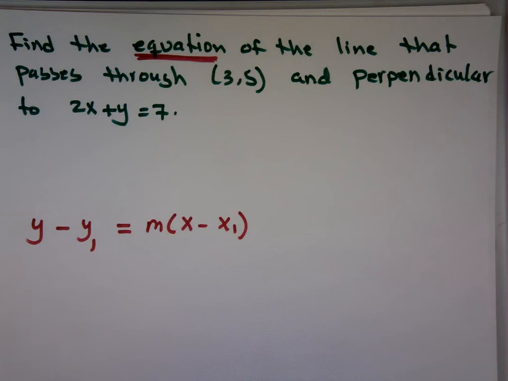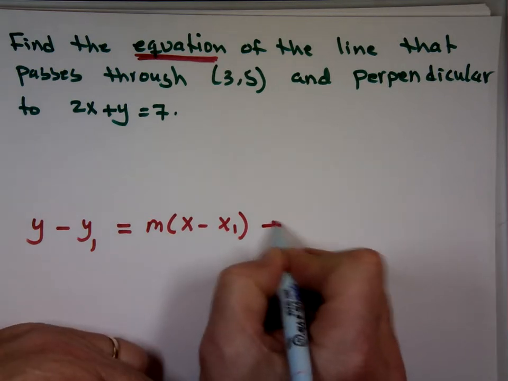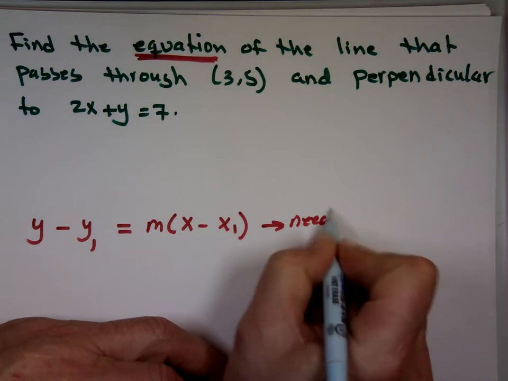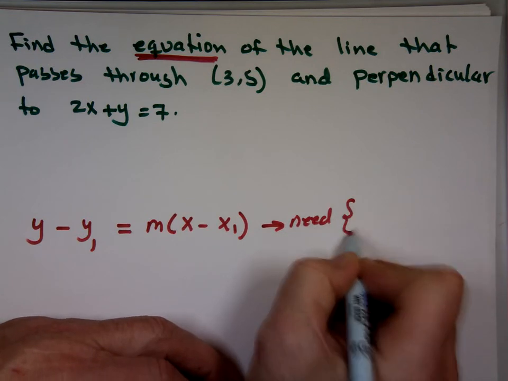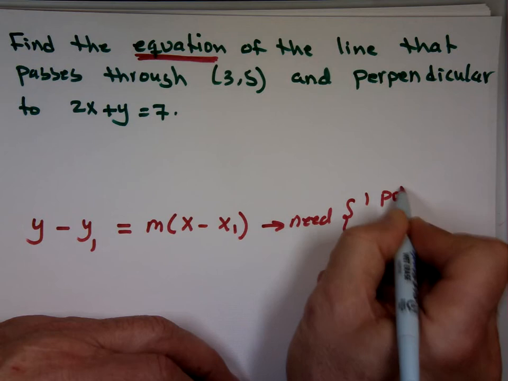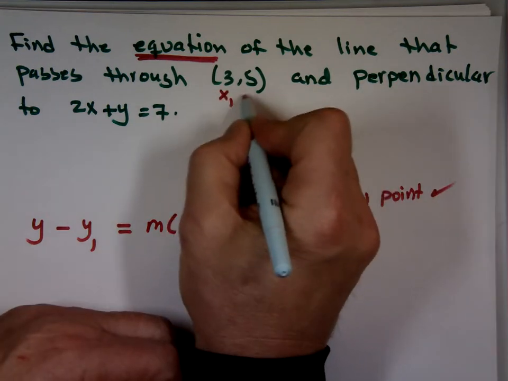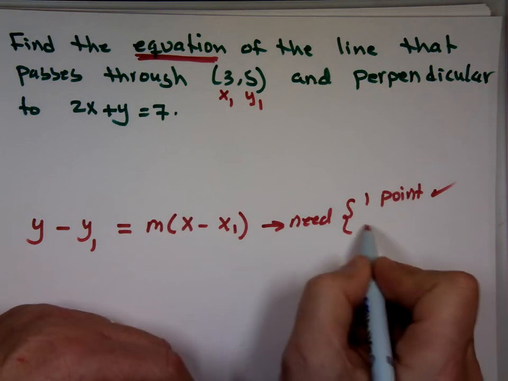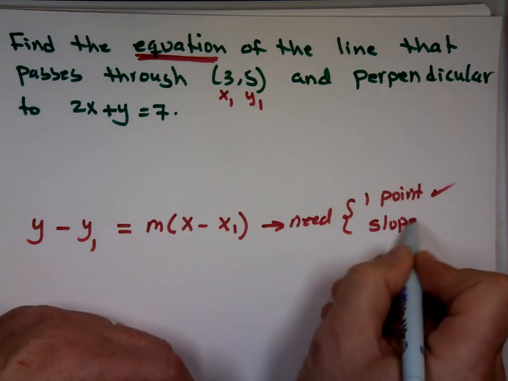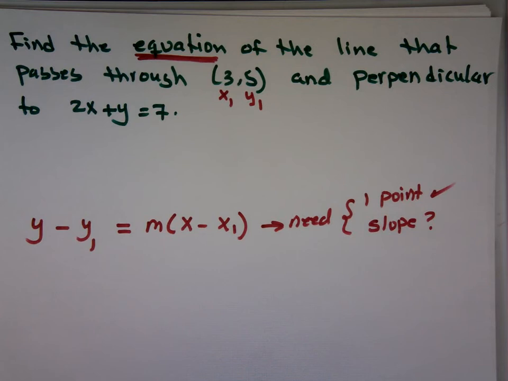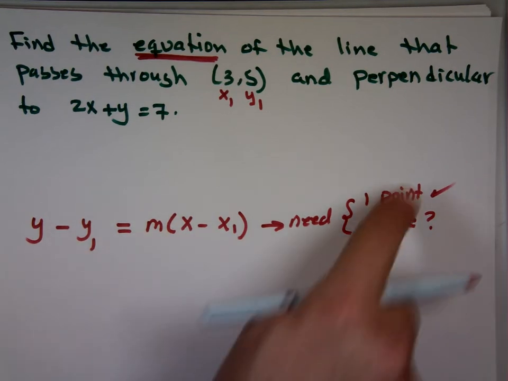I need one point and the slope. Do we have a point? Yep, check. That's x1 and y1. Do we have the slope? No, not yet. To use this, I'm going to need both of these. I have this, I don't have that.